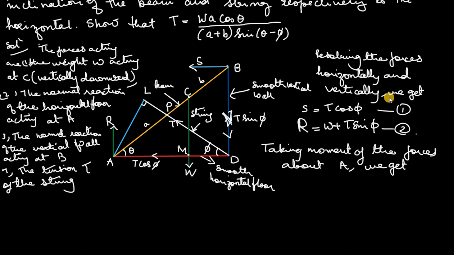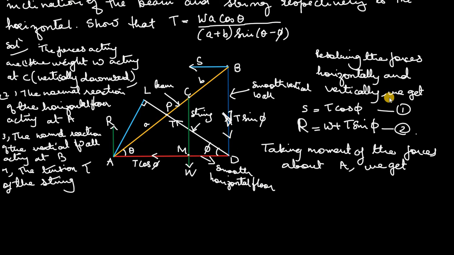It is the product of the force and its perpendicular distance from the point. The forces here are R, S, T, and W. Since the force R passes through point A, its moment about A will be 0, because R into its perpendicular distance is 0.